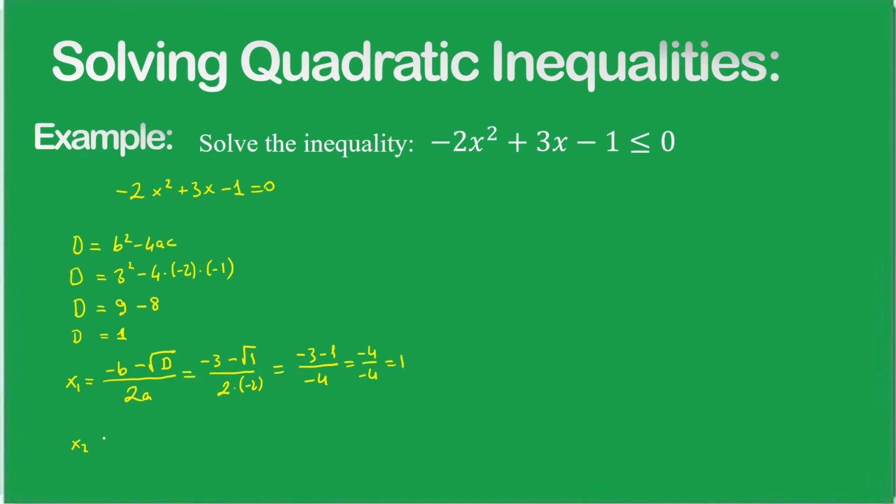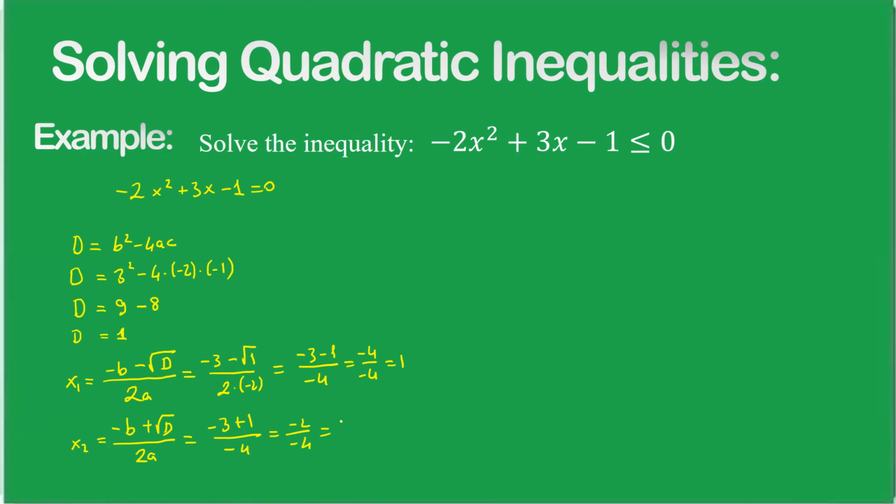What about the second root? We just have to change the middle sign here: minus b plus the square root of the discriminant over 2a. I will skip the other steps. It's going to be minus 3 plus 1 over minus 4, which is minus 2 over minus 4.